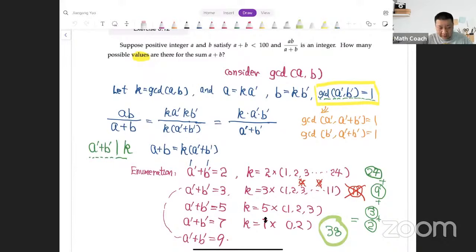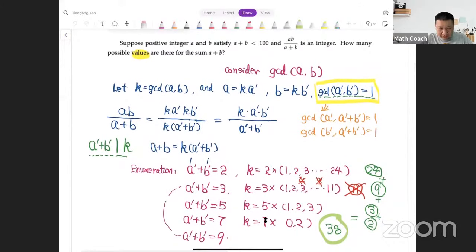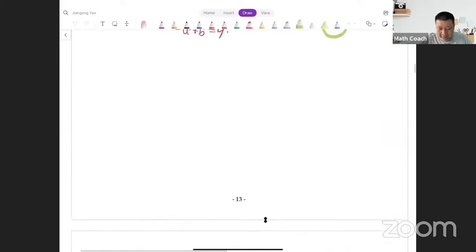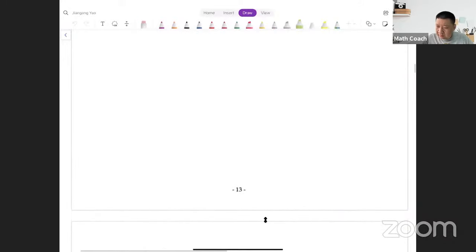I'll read off the people who are in: 74, 93, 88, 77, 52, 86, 62, 84, 25, 33, 69, and 89. And I'll post the bracket in the chat.